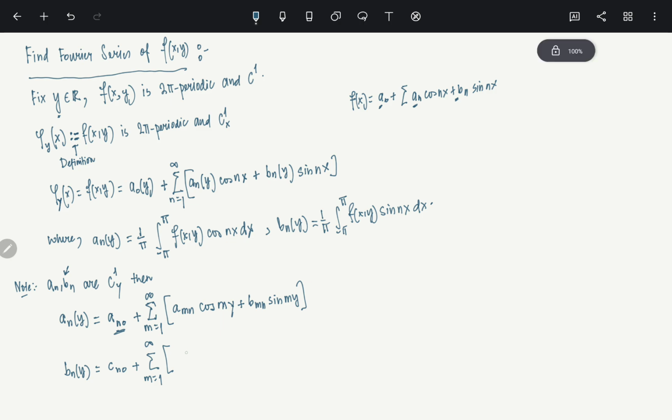So it is c_mn, the Fourier coefficient of the function b_n, times cosine my, plus d_mn sine my. I hope this is clear. Now let me put down what the coefficients are.